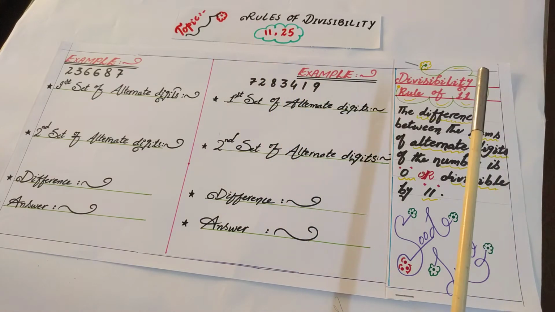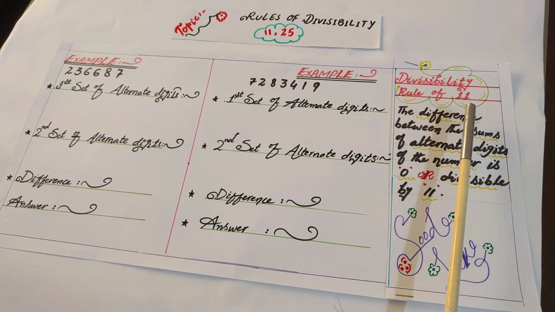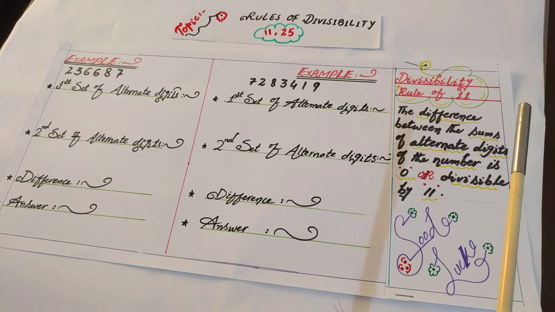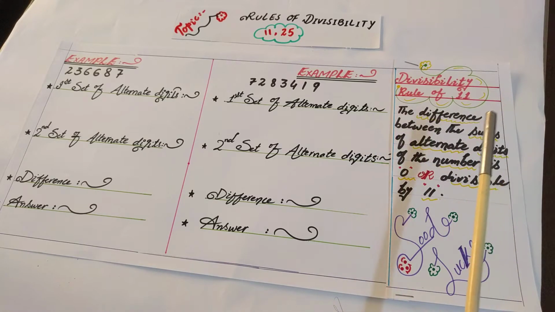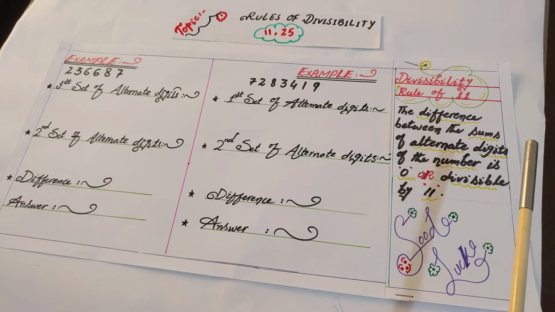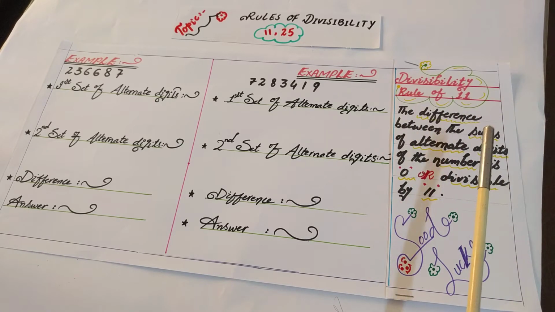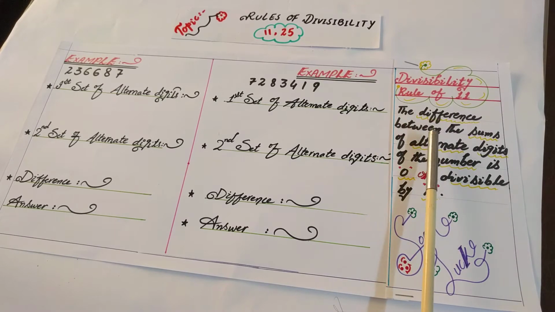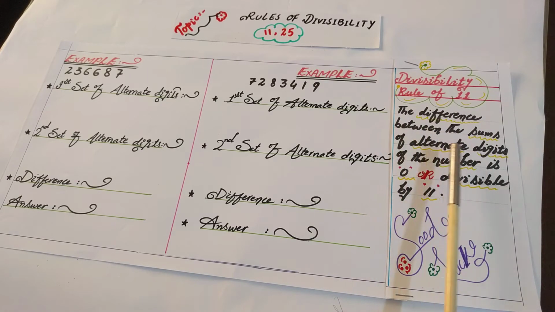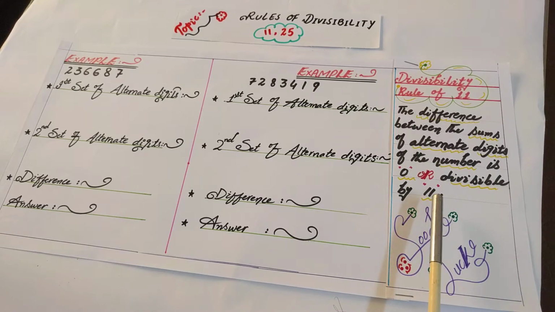Let's start it. Divisibility rule of 11. Divisibility rule of 11 means you will check the divisibility of any bigger given number by 11 directly without any calculation. The difference between the sums of alternate digits of the number is 0 or divisible by 11.